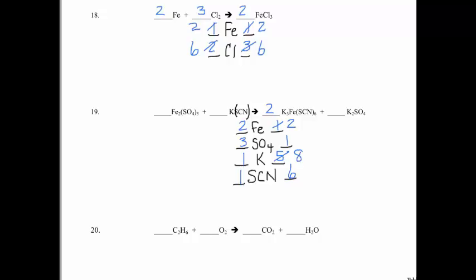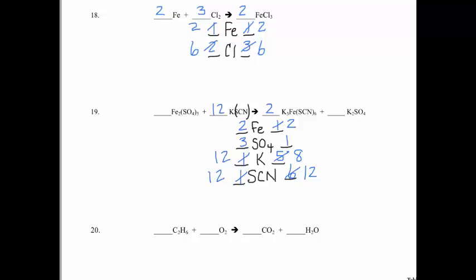And then my iron I fixed, it's now my SCN, 2 times 6 is 12 SCNs. I'm going to try to avoid K and deal with SCN. So I'm going to put a 12 here to fix that. And then it messes up my K's even more.